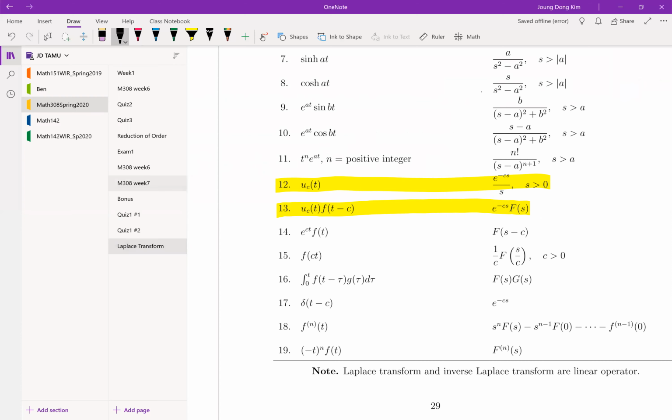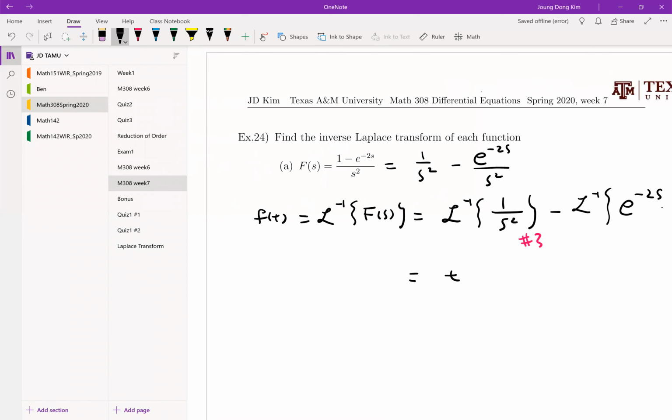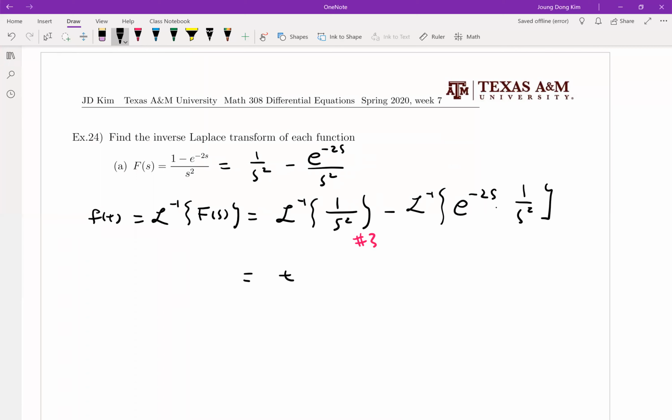Here we go. So what I want to do, to help you understand what you're doing, let me write it here. Number 13, okay? Because you need a lot of practice here, okay?